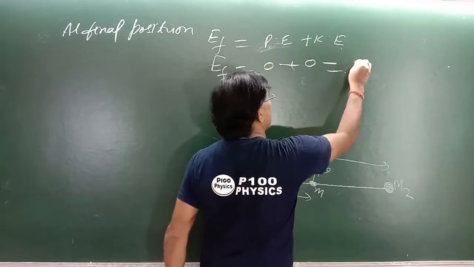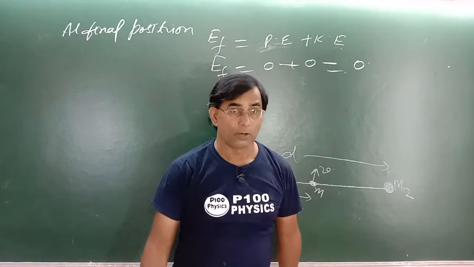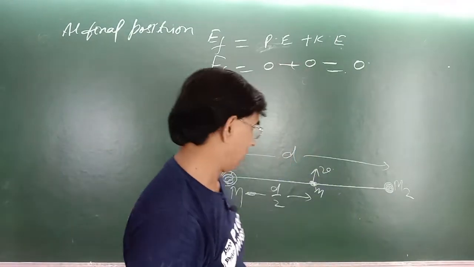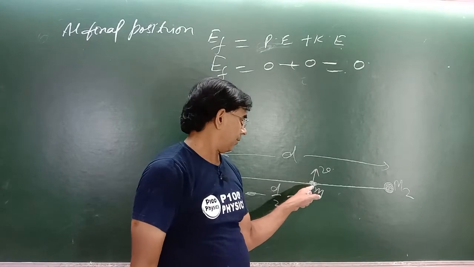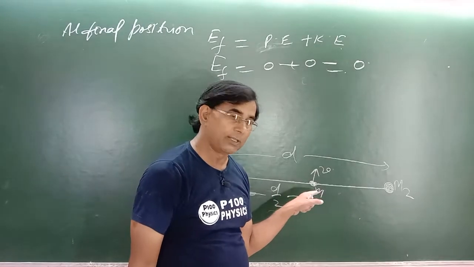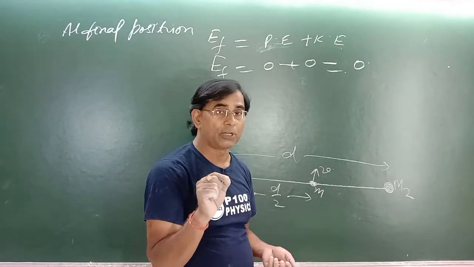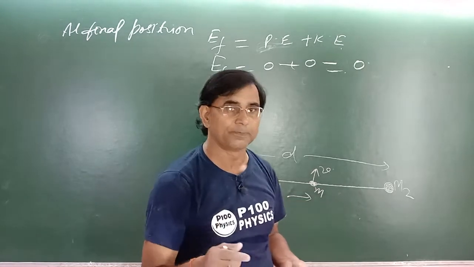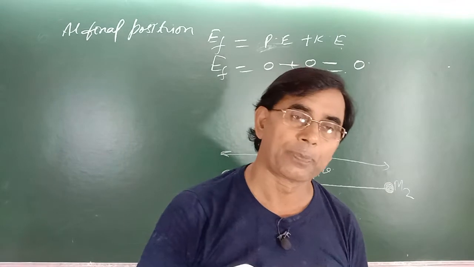Why? Because the question asks what is the minimum velocity required to give to this mass small m so that it can escape. This is your basic question.